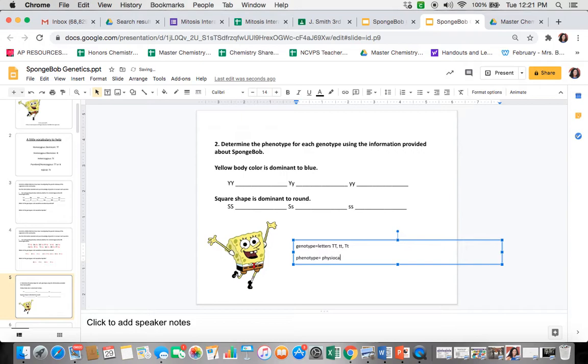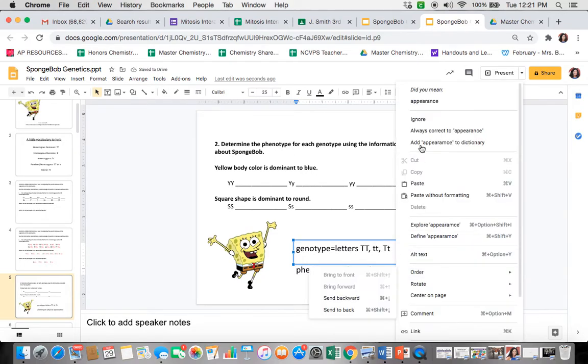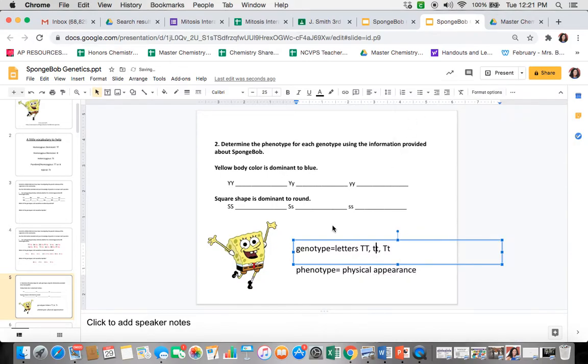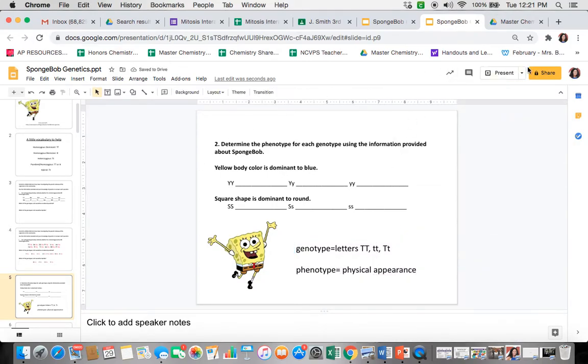Physical, I just misspelled physical appearance. Oh, Lord have mercy. There we go. Let me make this a little bigger so y'all can see it. Let's get this baby spelled right. Okay, there we go. So genotype is going to be letters, and phenotype would be your physical appearance.